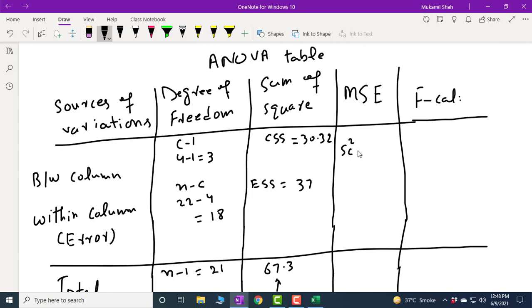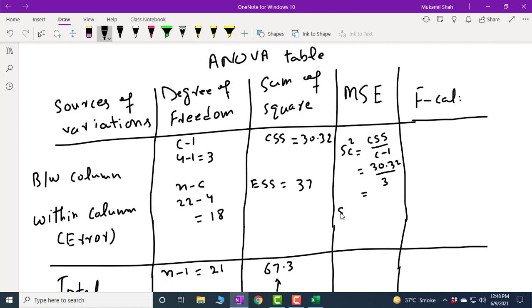Okay. Ultimately, you need to calculate S C square. S C square is obtained by dividing the column sum of square by its own degree of freedom, which is equal to c minus 1. CSS is equal to 30.32, and its degree of freedom is equal to 3. So this is equal to S C square.